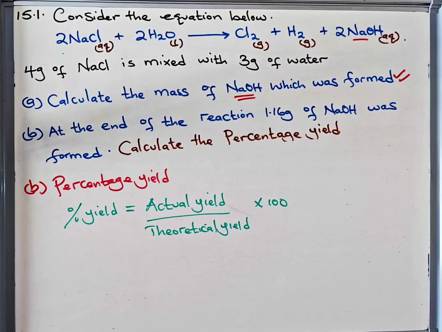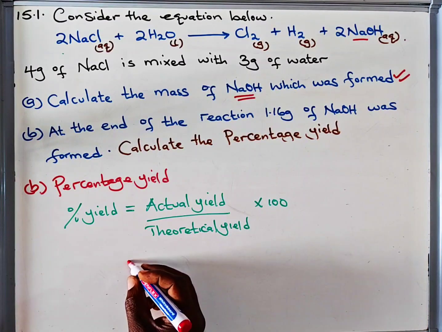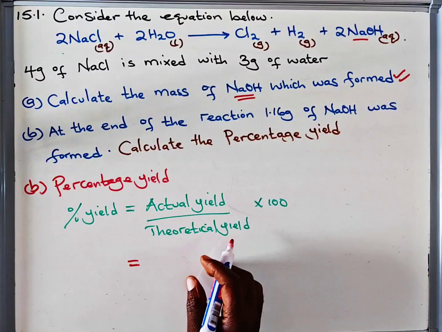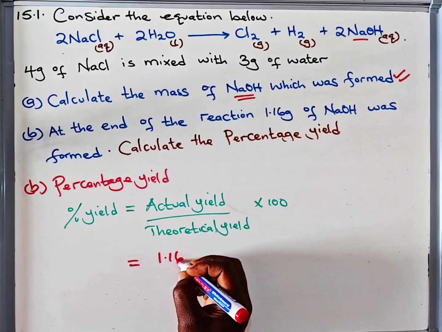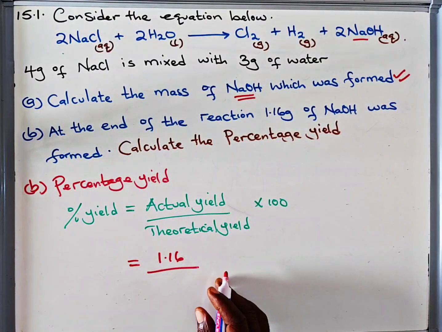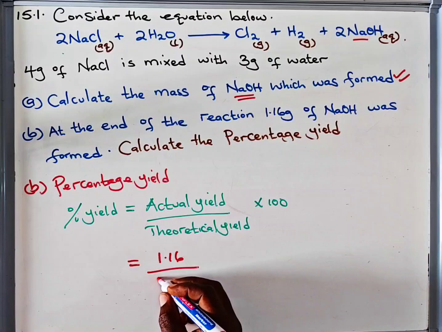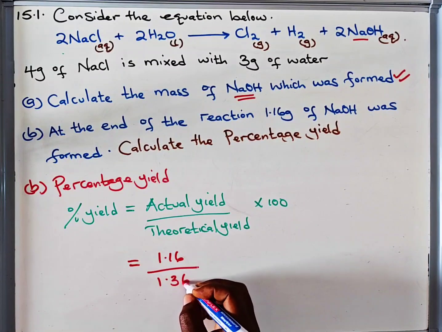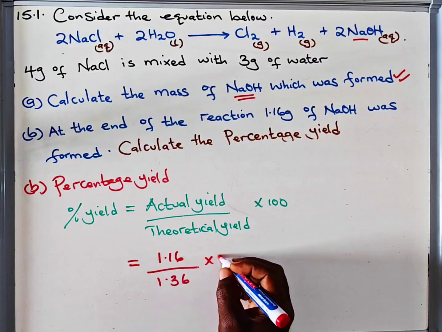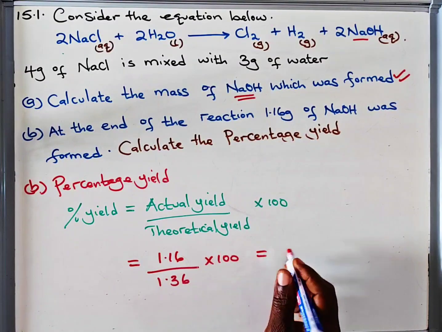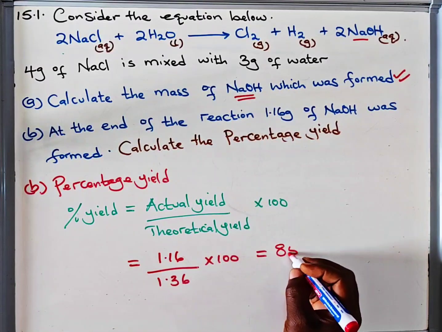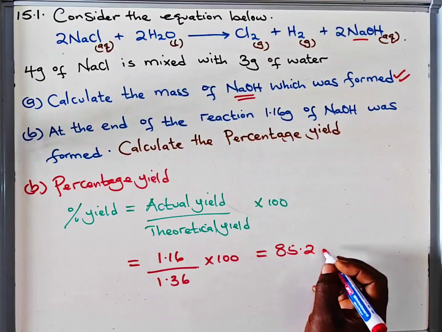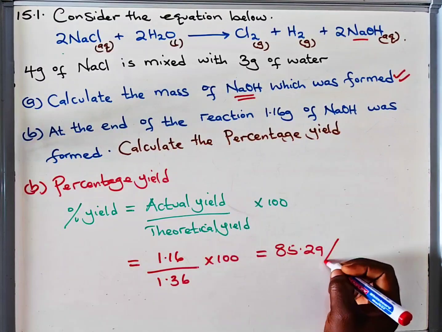Now the question is, do we know the actual yield? Yes, it's the one which is given in the statement. It is 1.16. And do we know the theoretical yield? Yes, it is 1.36, times 100. What do we get? We get 85.29%.